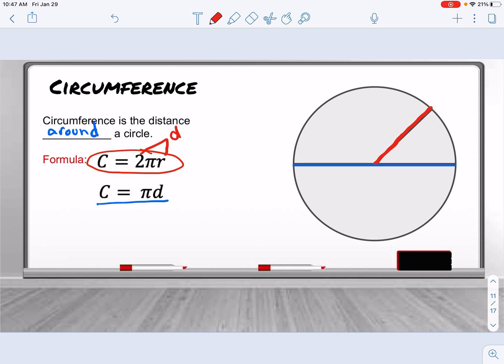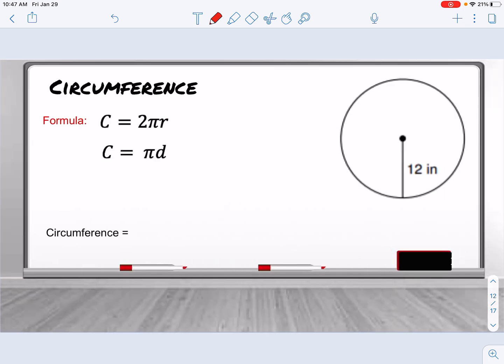So let's look at some examples. On this circle, we first want to identify what part they gave us. So they gave us half the distance. Remember, half the distance, that's our radius. Since we know the radius, we're going to use the radius formula.